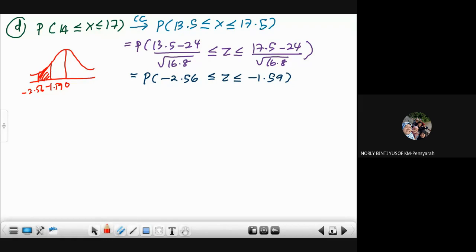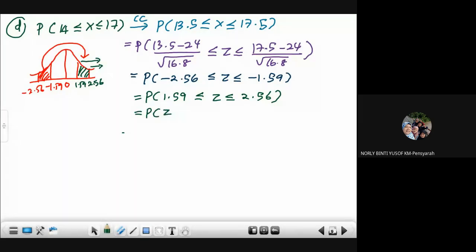So region you akan jadi symmetrical sebab you nak baca dekat table. So untuk shape 1.59 dengan 2.56, dia akan samalah dengan 1.59 greater or equals to Z in between 2.56. So sama. Ini lebih besar daripada 1.59 tolak greater or equals to 2.56. Untuk dapat region tu lah.